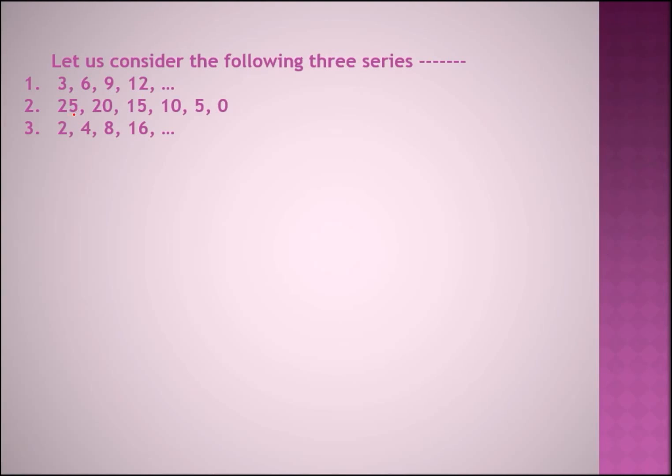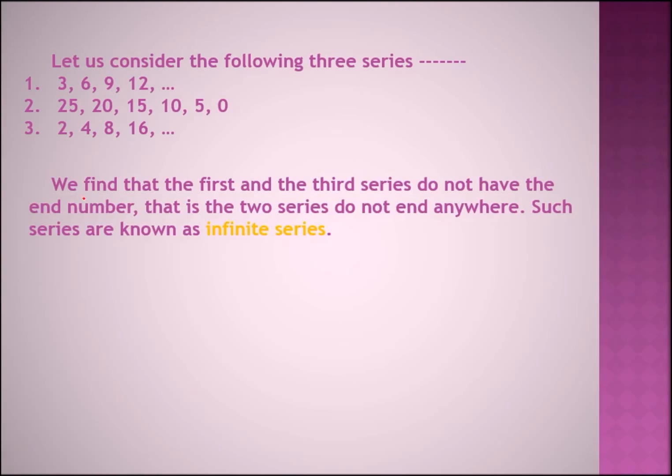The second one is 25, 20, 15, 10, 5 and 0. This stops over here. And for the third series, it is 2, 4, 8, 16 and this will continue as well because there are 3 dots after 16. So we have 3 series.